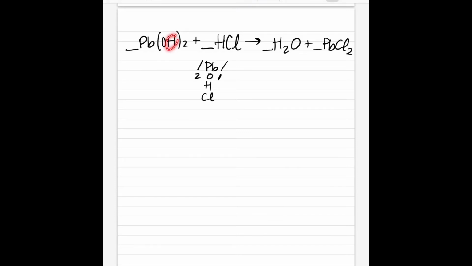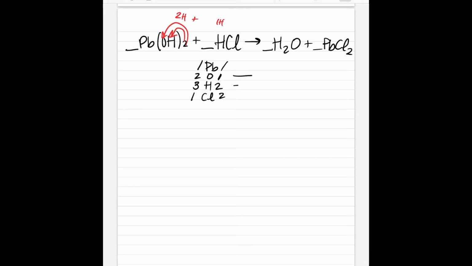I've got hydrogen here and I have hydrogen here. Because this 2 multiplies this and it multiplies this, that gives me 2 hydrogens there and 1 hydrogen there. This is the only time you add, and that would give you 3 on the left side, and then 2 on the right side. And then we've got 1 chlorine and 2 chlorine. So remember I said try to leave oxygen and hydrogen last. They tend to take care of themselves.